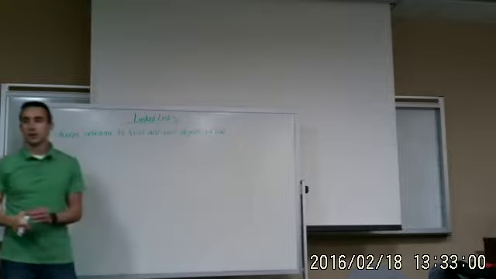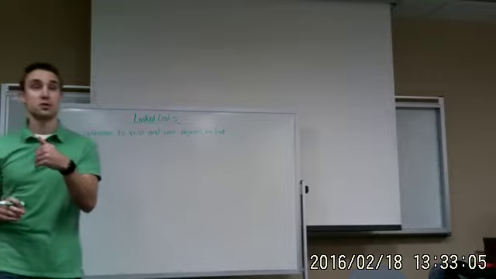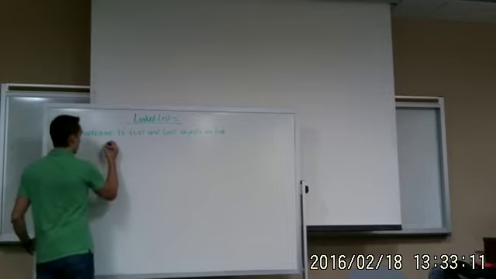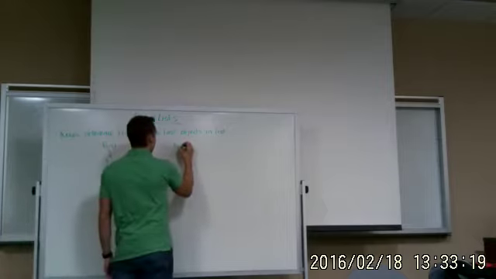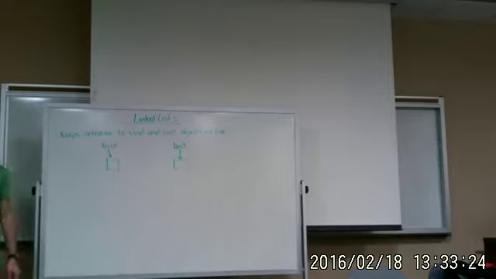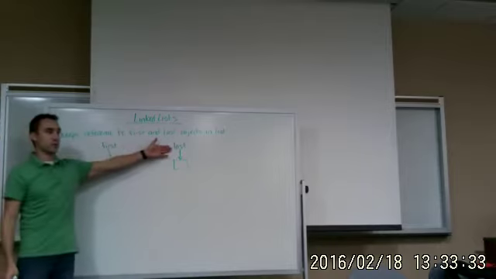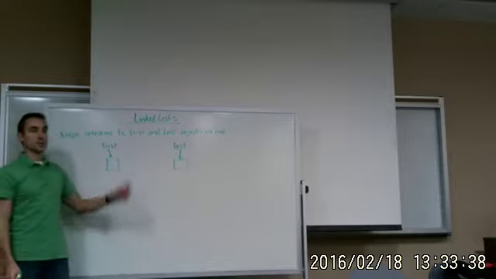First thing is the linked list itself keeps track of, or keeps references to, the first and the last object in the list. Kind of looks like this. We've got first, which simply points to the first object in the list, and we have last, which points to or references the last object in the list. Okay? Good so far? So this is a reference variable, this is a reference variable, and they both point to an object that's contained inside of the list.